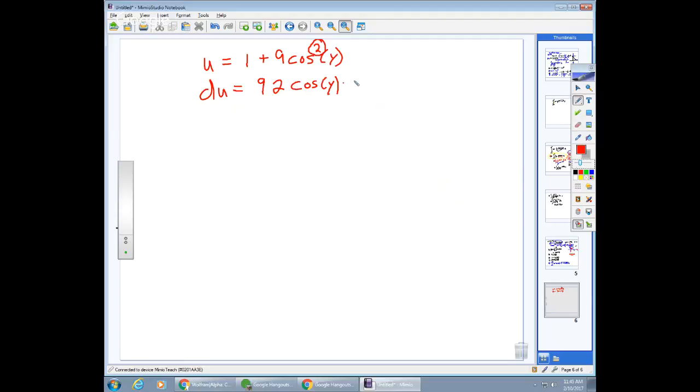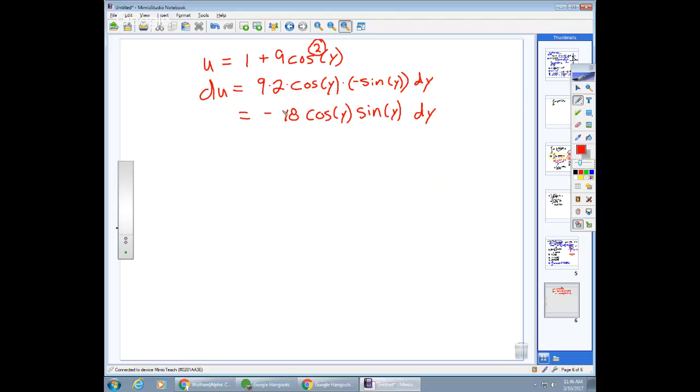Derivative of the cosine is, and these are multiplied, is the negative sine of y, and then dy. So altogether, we get a minus 18 cosine of y, sine of y, dy. I put the negative out front here.